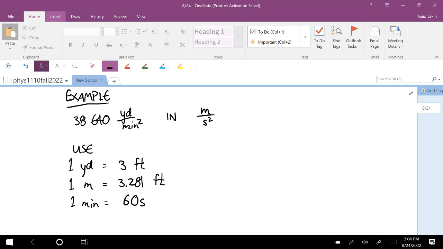Okay, so the difference with this problem is we don't have a conversion factor in front of us that goes straight from yards to meters. We have to do it in 2 steps.